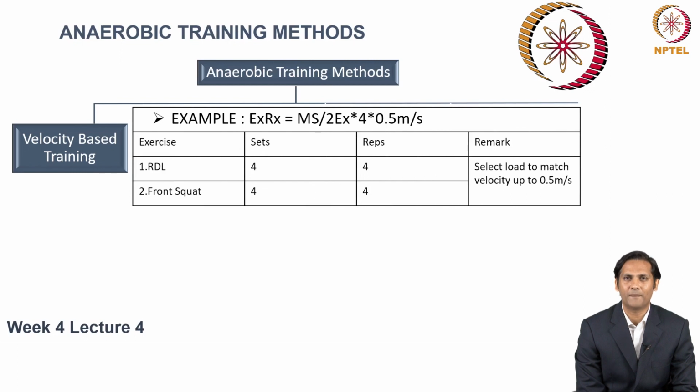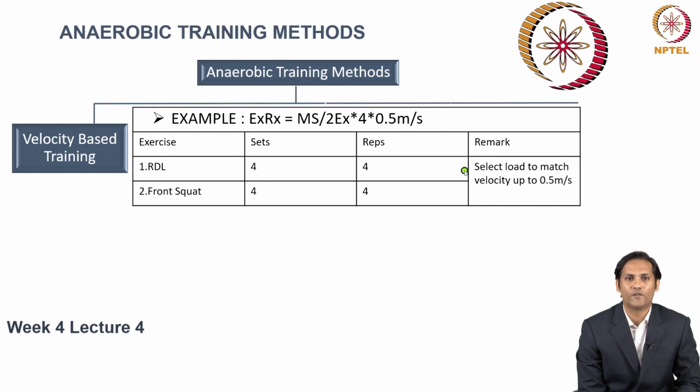Let's consider an example of how velocity-based training can be utilized in improving a power fitness variable. The sample prescription is to improve muscular strength with 2 exercises of 4 sets at 0.5 meter per second. Here, rather than writing percent of 1 RM, the velocity of the movement is prescribed.